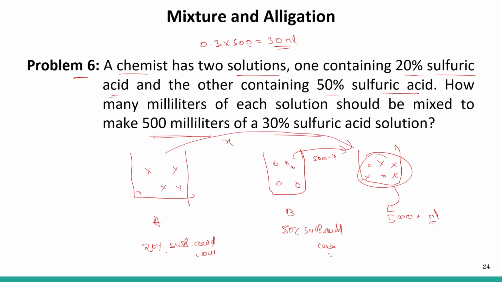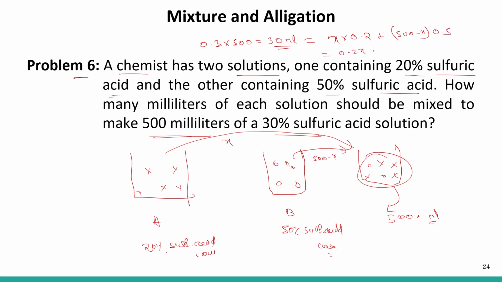Okay, so this much amount. So what we need to do? So this must be equal to how much pure sulfuric acid has come from here and from here. So let's try to determine it. So X into 0.2 plus 500 minus X into 0.5.